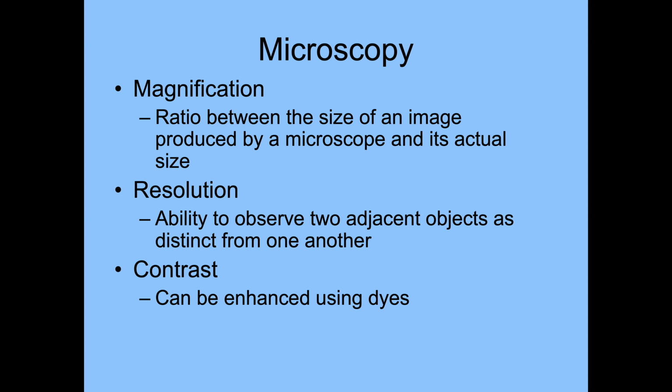If a digital picture is very pixelated and you used a bad camera or something didn't work well, it's kind of hard to tell if two things are two separate things because the image is very pixelated. But if we use a really good camera that has a high pixel count, then when we take that picture and blow it up to the same size, we can still see all of those differences because it's a better resolution. So microscopes, much like digital cameras, have resolution or resolving power.